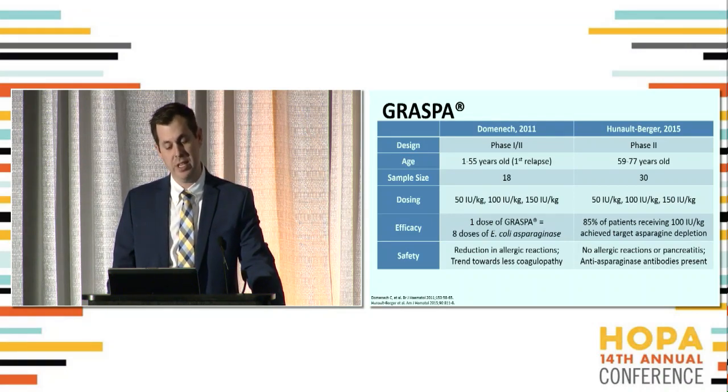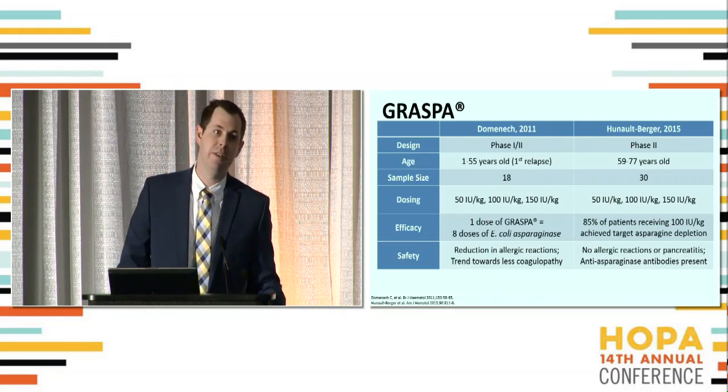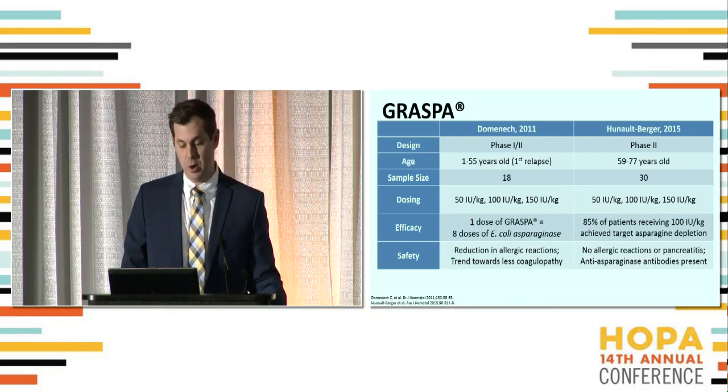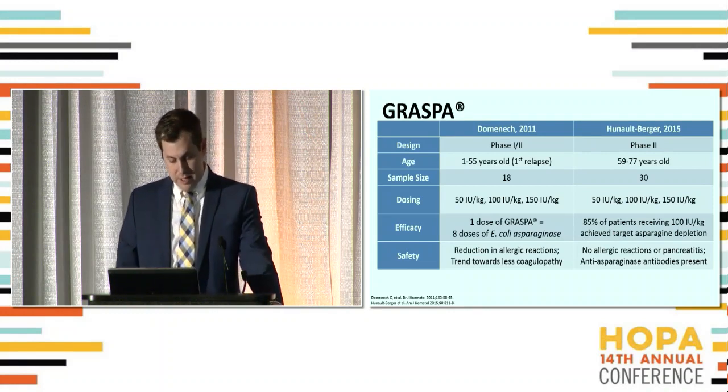Compared that to 50 international units per kilo, which had no asparagine depletion, and the 150 international units per kilo had a 71% asparagine depletion. So what they've taken forward with their recommendations is to utilize a dosing of 100 international units per kilo. What they found was that they didn't have any patients who had allergic reactions or pancreatitis, although they did denote a 17% average increase in lipase, although that was found to be clinically insignificant.